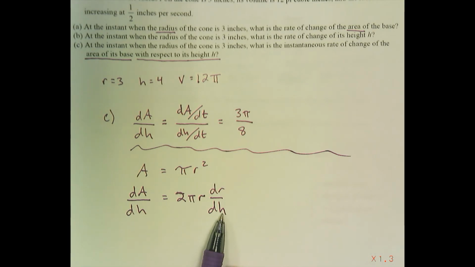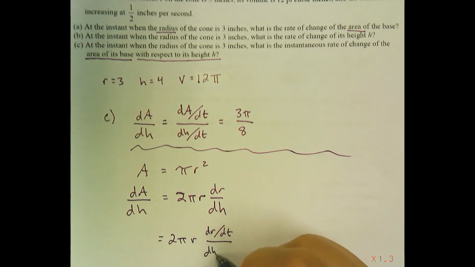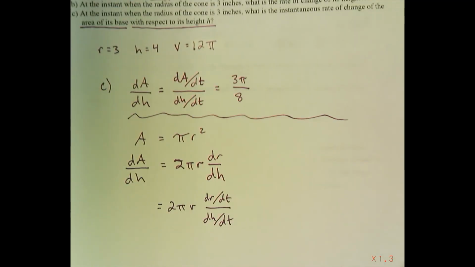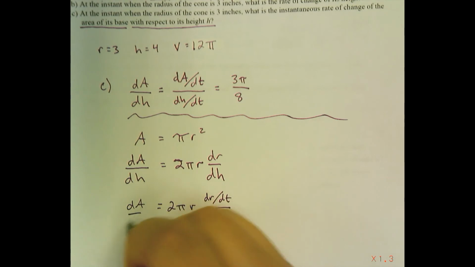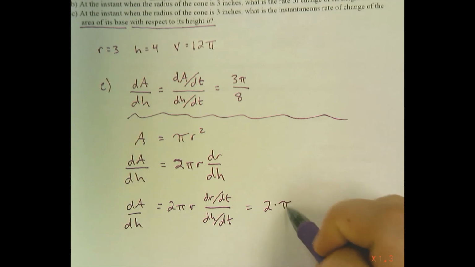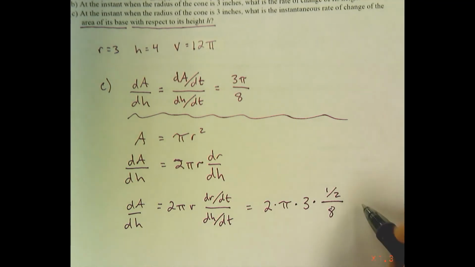And we arrive at the same scenario where I don't know what dr dH is, but I could write it as dr dt over dH dt. And that gives me the same value if we plug in numbers there. So 2 times pi times 3 times 1/2 over 8. And we would get the same value of 3 pi over 8.